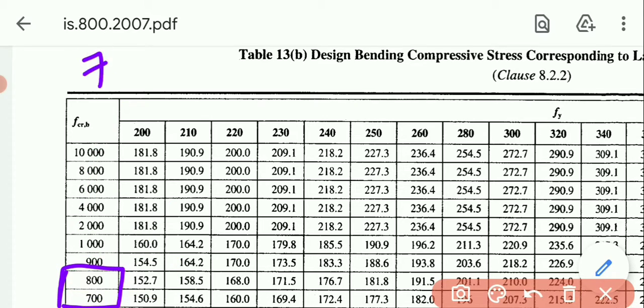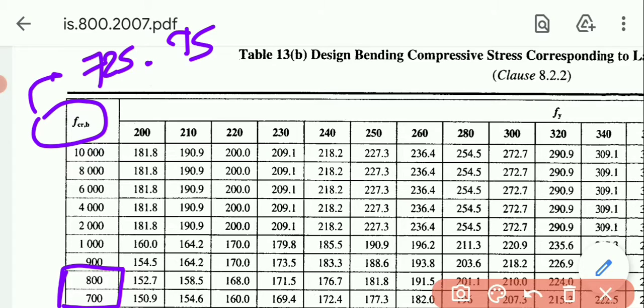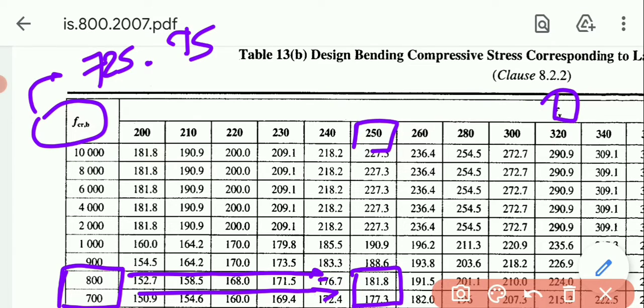Our FCRB value is 725.95. That's the value of FCRB. Now our Fy, that is 250. So at 800 and at 700 we have these values. At 700 it is 177.3 and at 800 it is 181.8.